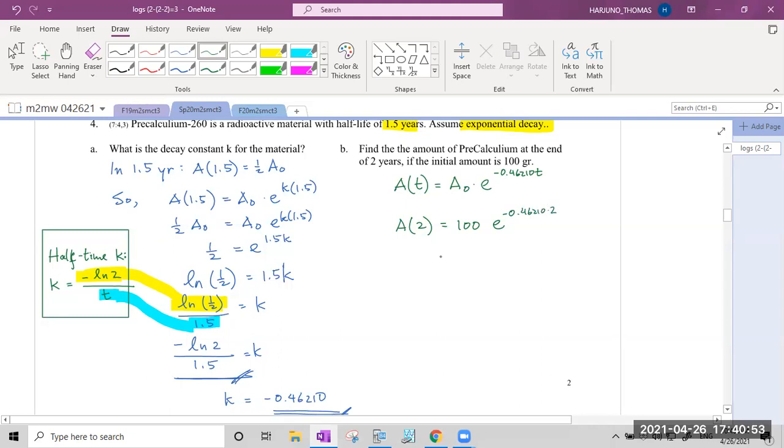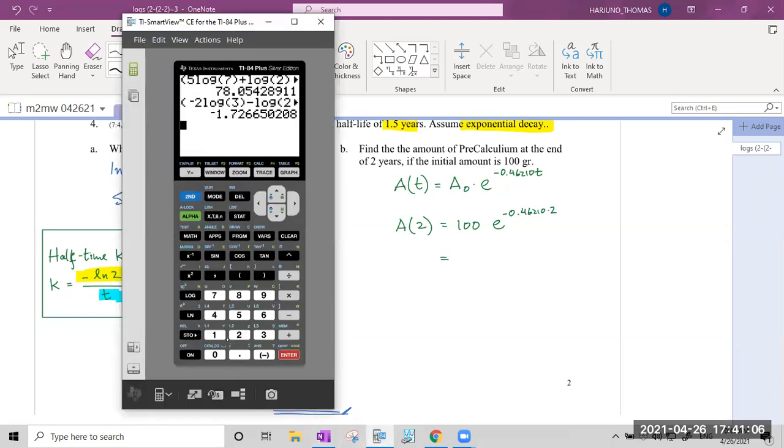Now, let me use my calculator. I wonder if you know how to use your calculator. So I will do e to the power, and my e is here. If you ever use a TI-30 or TI-36, find out where your e is. So e to the power of negative 0.46210 times 2.